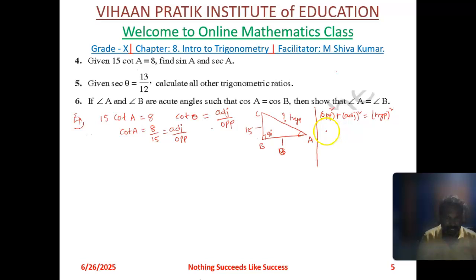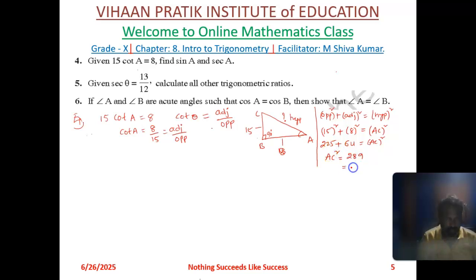Here opposite is 15 square, plus adjacent is 8 square, equals the hypotenuse, which is AC square. 15 square is 225 plus 8 square is 64, which equals AC square. The sum of 225 plus 64 is 289. Therefore AC square equals 289.